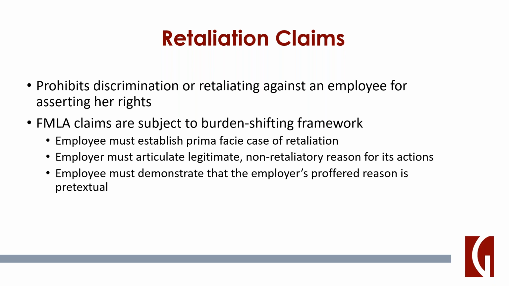So FMLA, like those other types of claims, is subject to this burden shifting framework. So the first thing is that in order to go forward with her claim, an employee must establish that there is some prima facie case of retaliation for exercising FMLA rights.